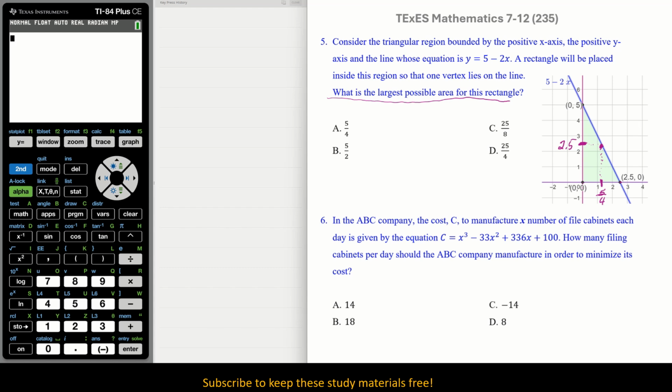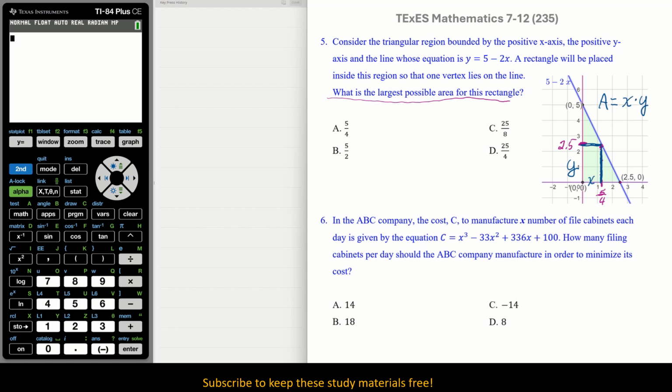Let's say we don't know what we're doing, and let's call the distance along the x-axis x, and along the y-axis, we'll call that y. We don't know x and y. For that situation, we need the area. The area equals base times height, base is x, height is y.